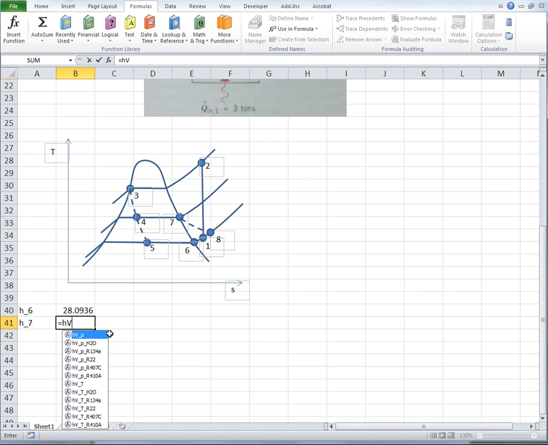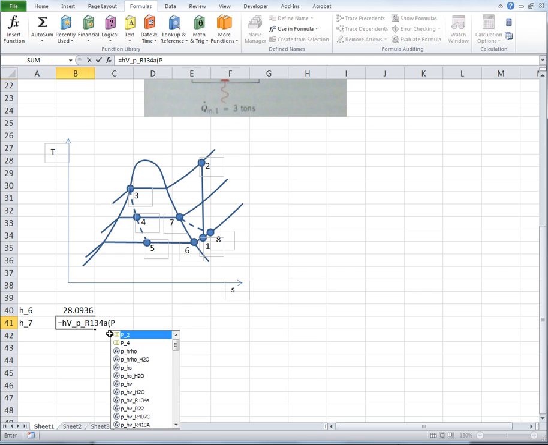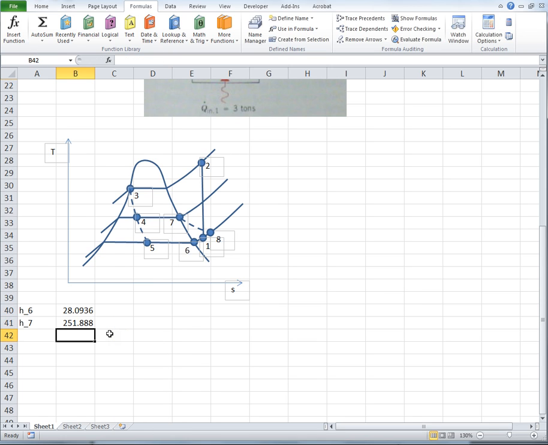Yeah, I screwed up that first state, as a function of the pressure. We were given the pressure there, and the pressure we were given was P4. Yeah, let's fix this. This is not saturated liquid. This is saturated vapor. There we go. And the units here are kilojoules per kilogram.